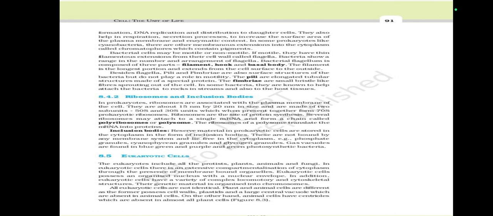Besides flagella, pili and fimbriae are also surface structures of the bacteria but do not play a role in motility. The pili are elongated tubular structures made of a special protein.